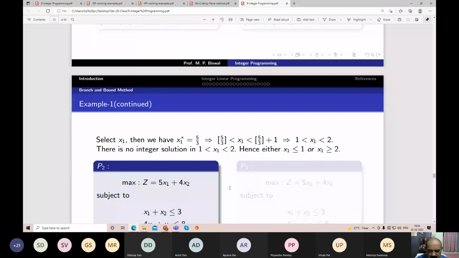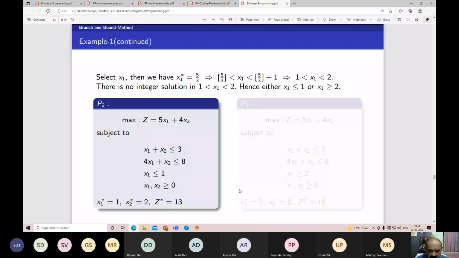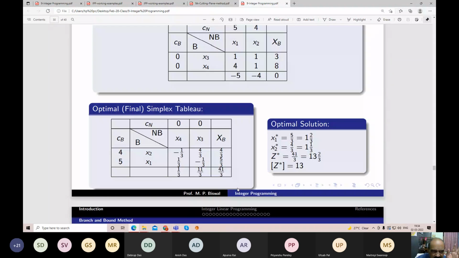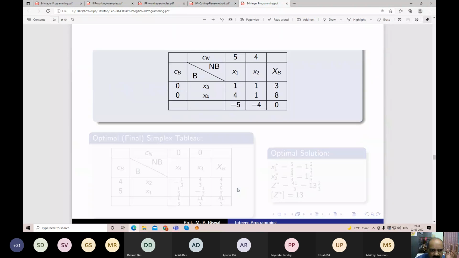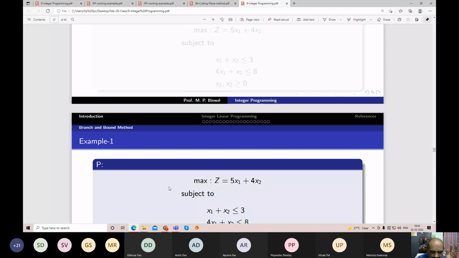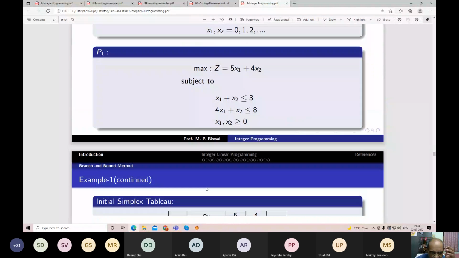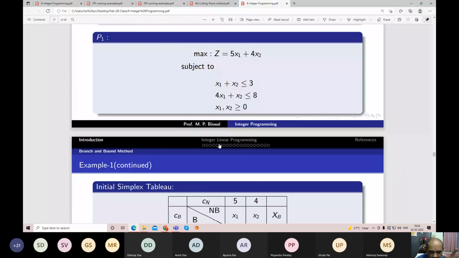Here initially the problem is P1. Please remember, this is our problem, P1.